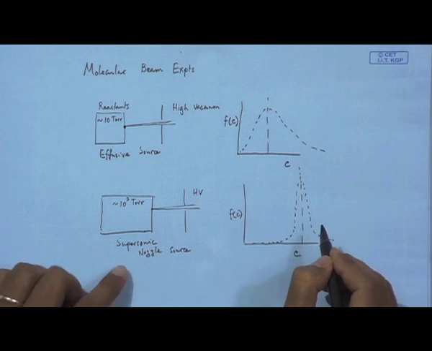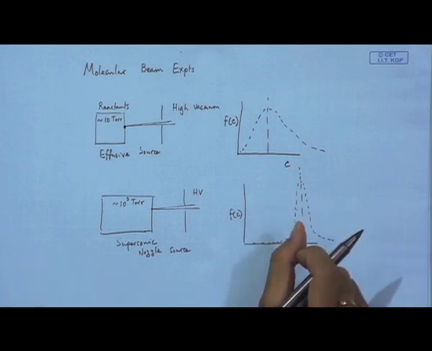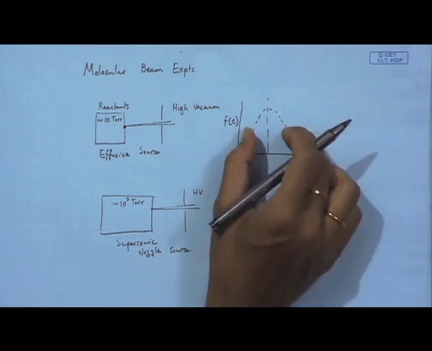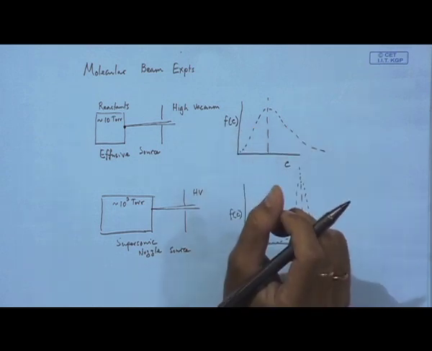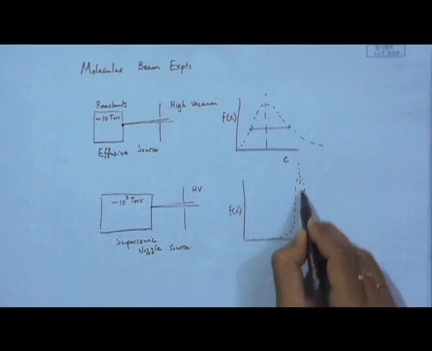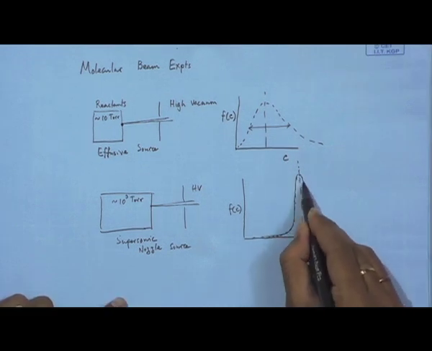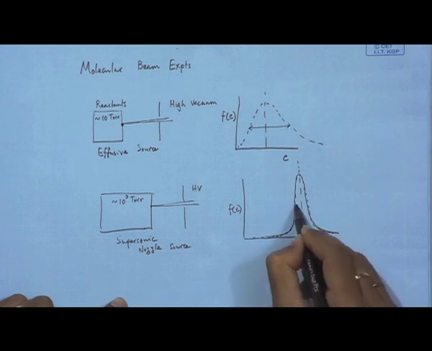So, it is a supersonic source where you are getting a narrower distribution, but here it is a wider distribution. And this is more wide compared to this one. This is less.